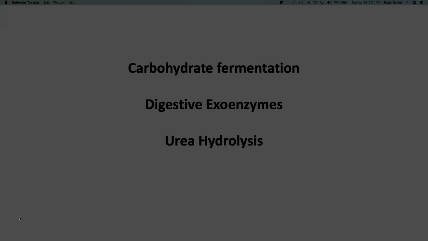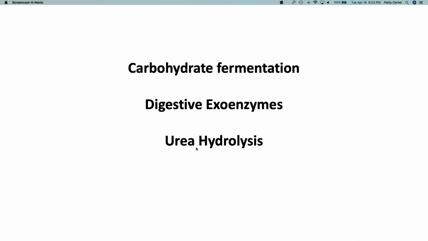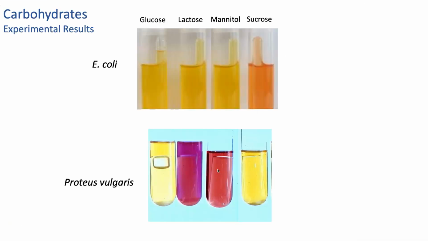And now let's go over our final experimental results for the experiments that we ran today, beginning with the carbohydrates. Remember that we inoculated two different cultures here. The 4 sugars that we used are glucose, lactose, mannitol, and sucrose.